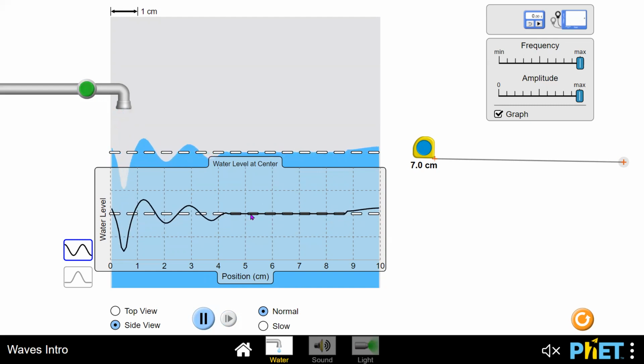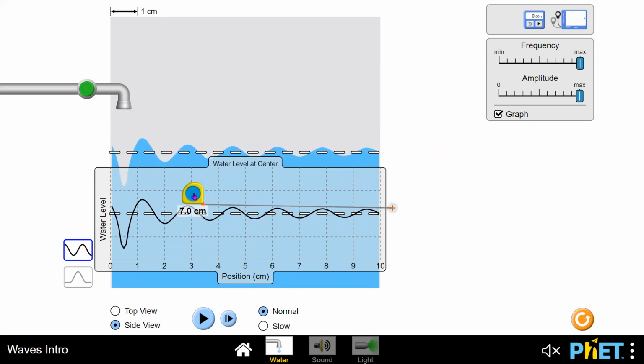Look at here. What happened? So if I stop here and again measure the wavelength, it is the distance from one crest to another successive crest. So this one is the nearest crest, right? Right now it is 1.7.